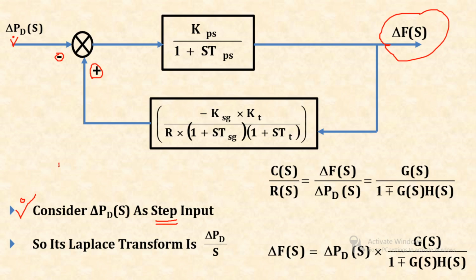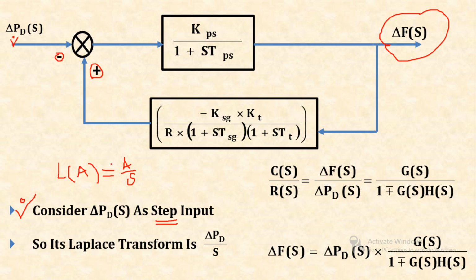So we know that Laplace transform of step input, suppose step input we consider A, suppose that step has the magnitude equal to A. So Laplace transform of step input will be A by S. Clear?